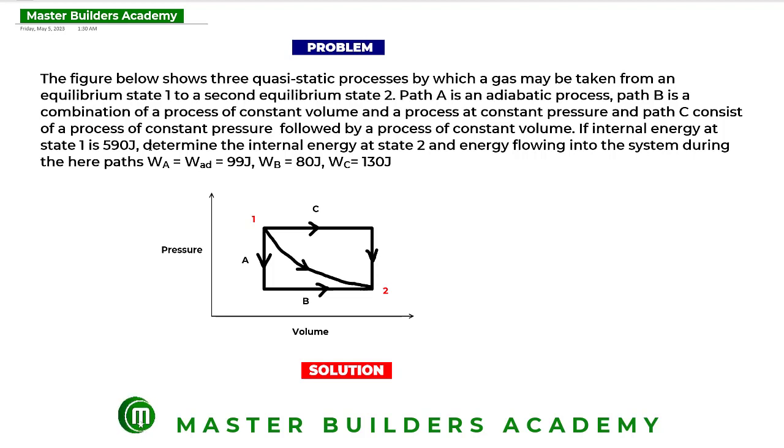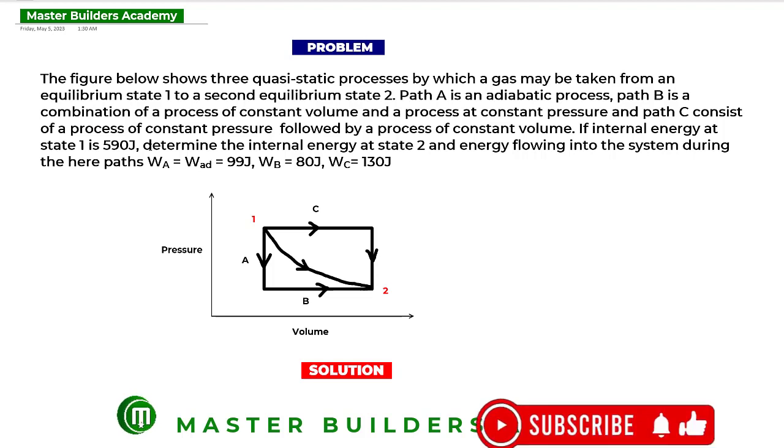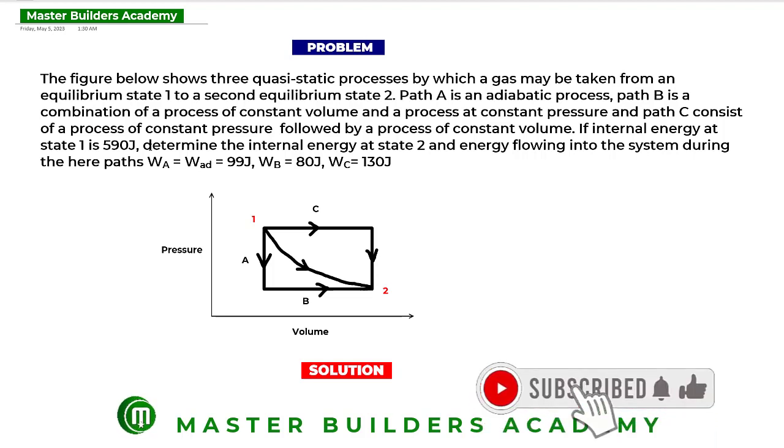Part B is a combination of a process of constant volume and a process of constant pressure. And part C consists of a process of constant pressure followed by a process of constant volume, as you can see right on the screen.